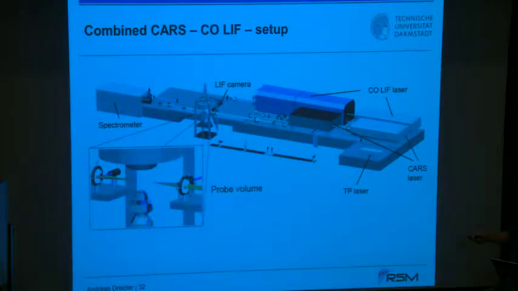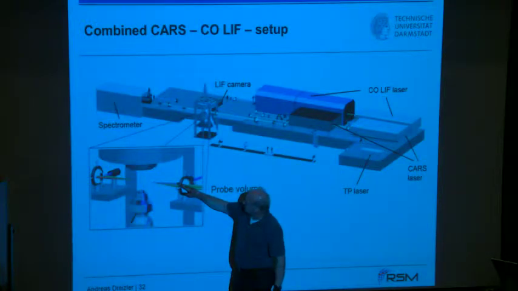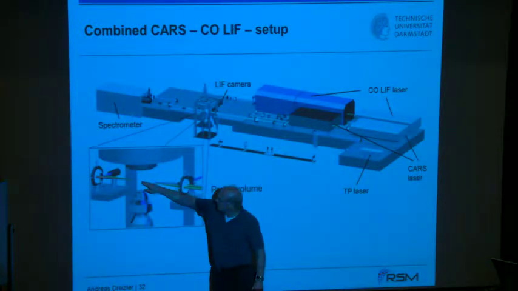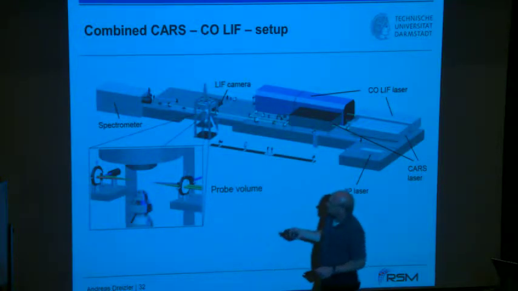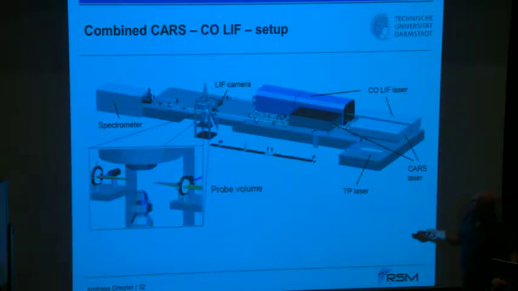They come here from the side, and in that case we have used a tiny mirror to reflect now as well the CO beam at 230 nanometers at the same volume. Then the CARS beam is directed here to the spectrometer, and perpendicular to that, you see here the intensified CCD camera looking for the CO fluorescence.